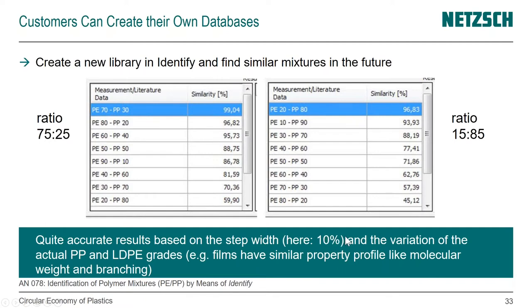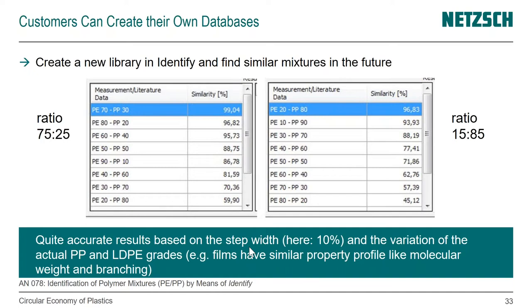Here, 10%. We pick 10%, and the variation of the actual PP and LDPE grades. And with that, what I mean is that depending on what you use the material for, if you're creating an injection molding part or a film, your molecular weight and the branching of your material will be different, or the injection molding grades have more in common than the film blowing grades.